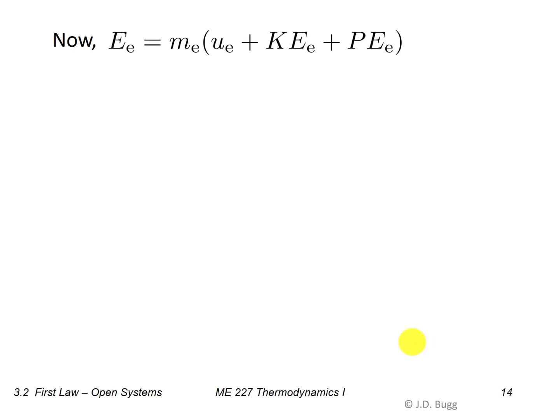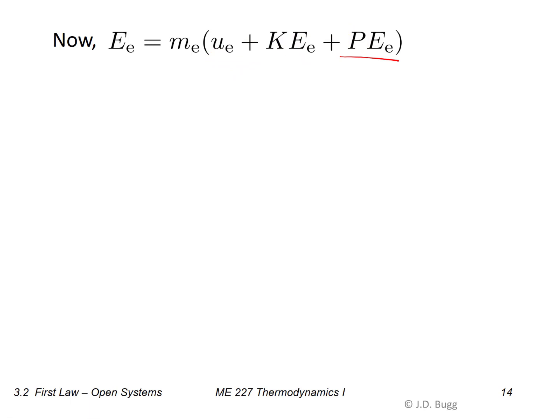Now up to this point in the course, when we've talked about this kinetic and potential energy, we've just represented them by the initials ke and pe like this. But at this stage, we want to write these two energies in terms of other more useful variables. So remember, this is the kinetic energy per unit mass, because that's the internal energy per unit mass. So each of these is an energy per unit mass.